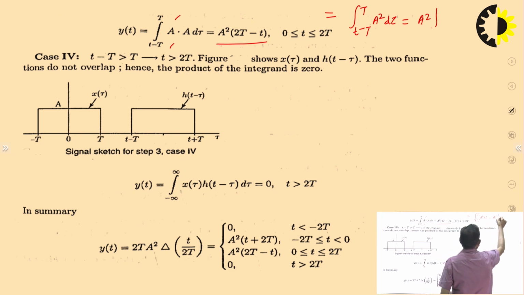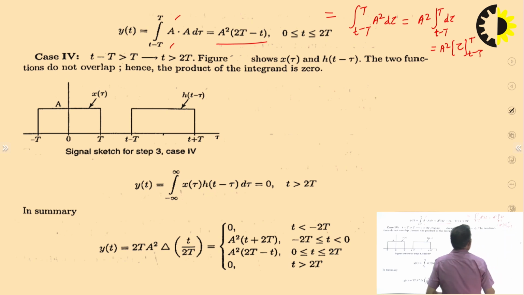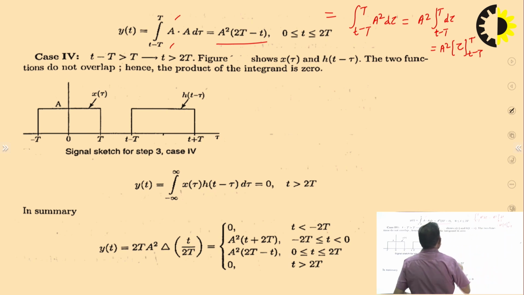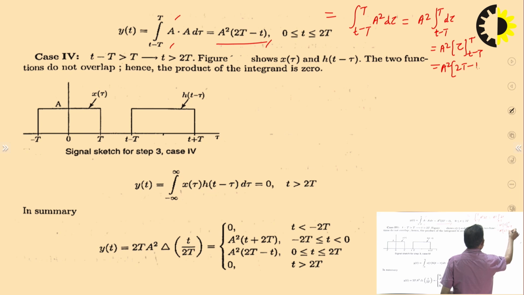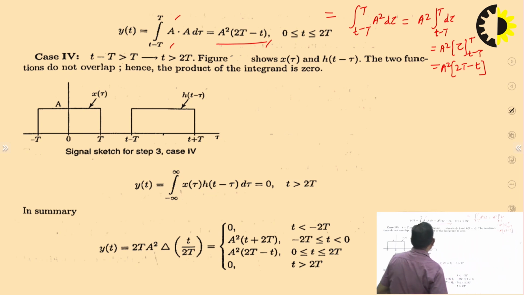The integration of d tau will become tau, so A square tau with limit from t minus T to T. When you put in the limit, it will become A square times 2T minus t. This is how we can calculate the output for this region.